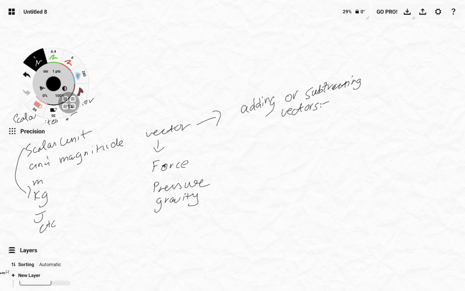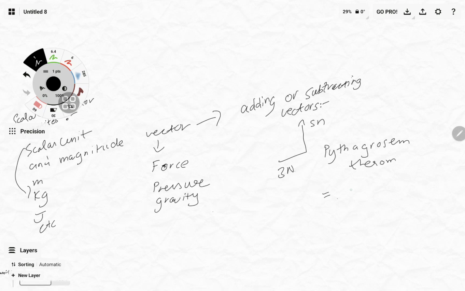So basically, if we have this vector of 5 Newton and this vector of 3 Newton, we will use the Pythagoras theorem and the head-to-tail rule, which was already discussed in O level physics.